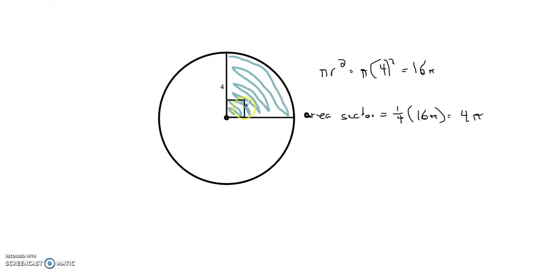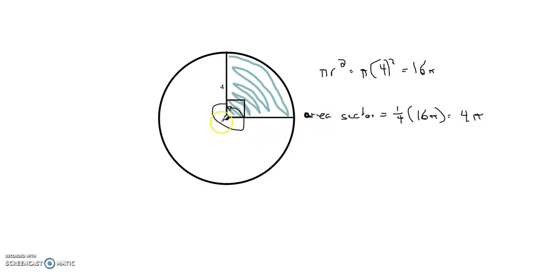So there are 360 degrees in a full circle. It takes 360 degrees to go around that. In this specific case, where this piece is 1/4, we see right here that this is a 90-degree angle.